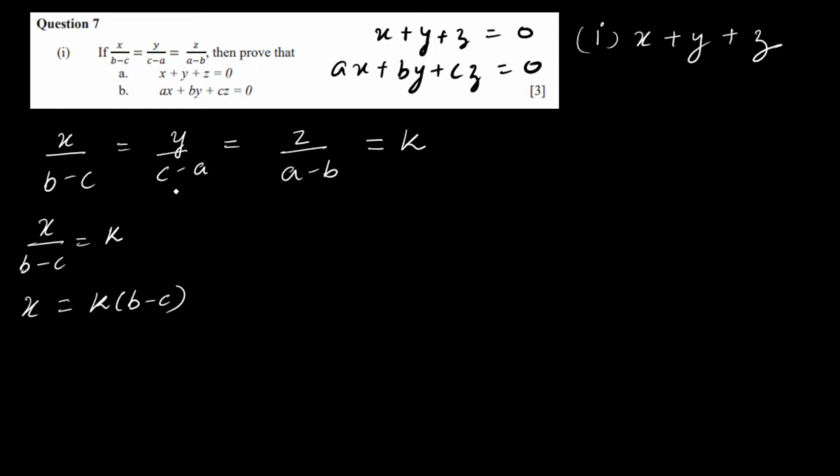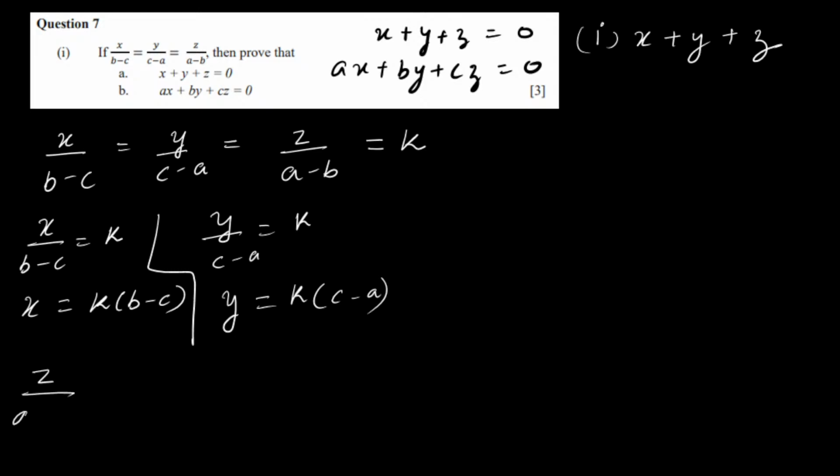Same way y by c minus a equals k, then y equals k into c minus a. Same way z by a minus b equals k, so z equals k into a minus b.